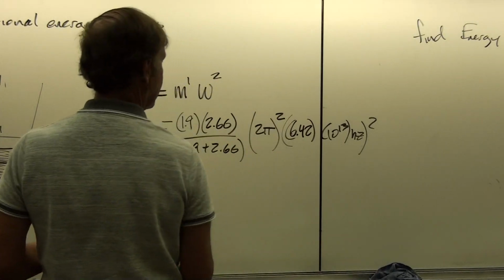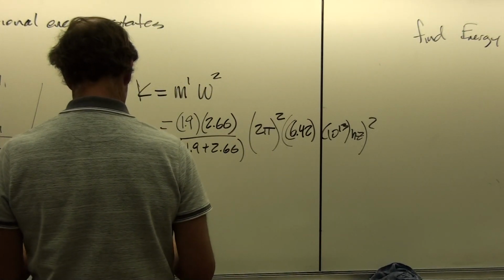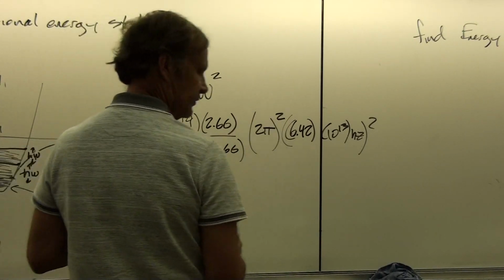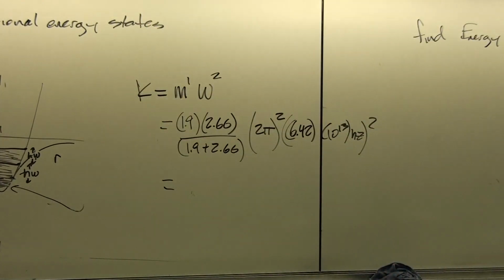And so we crunch out all these numbers, we get something like the 1,800 value that I was getting before.